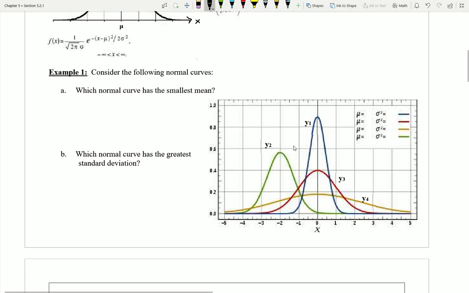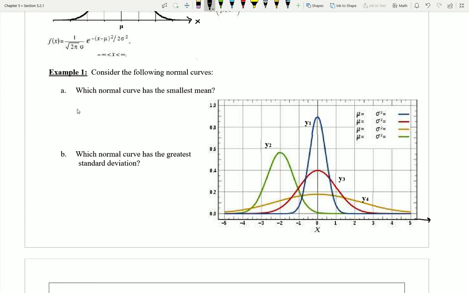So take a look down here at example number 1. Consider the following normal curves in this picture. I might be interested in which curve actually has the smallest mean. Of course, to answer this, I would have to look at the number line that's presented down near the bottom. I can see that I have values of 0, 1, 2, up to 5, and all the way down to negative 5. So which of the curves, either by color or by their actual name, is going to have the smallest average?